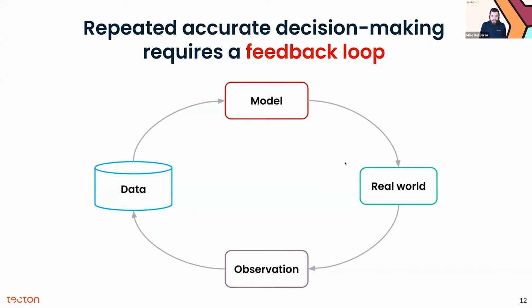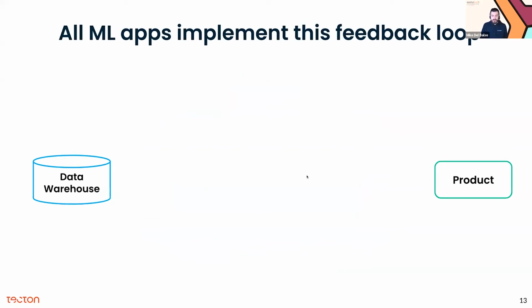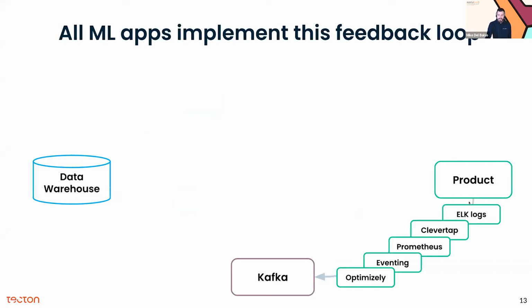And every ML application that we're talking about is building this too. So this is something that you have in your ML application. You have the product you're trying to deploy, you're making some decisions, you're delivering some predictions to the product, say it's a recommendation. But then somebody, it may not be you, but somebody in your company, has a variety of tooling to log and monitor what actually happened to the customer.